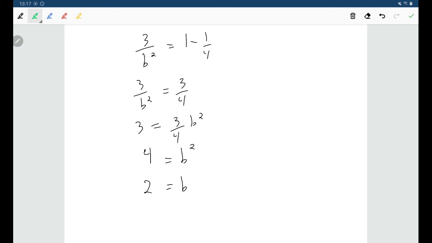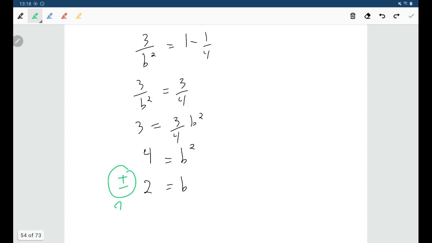Now, you might just want to put a pause here and say, why am I not saying plus or minus 2? Why am I just saying that b is 2? This is to remind ourselves what b is measuring for us. b is a distance. b is how many units above or below our center we will find our co-vertices.